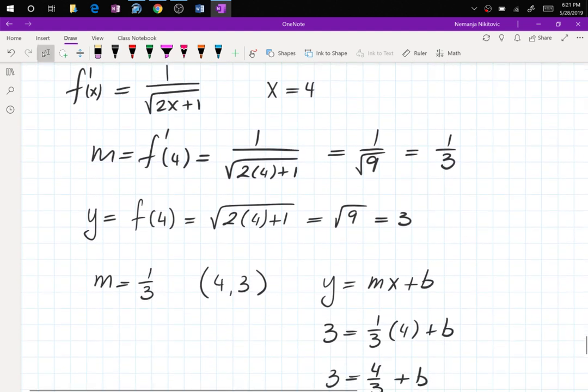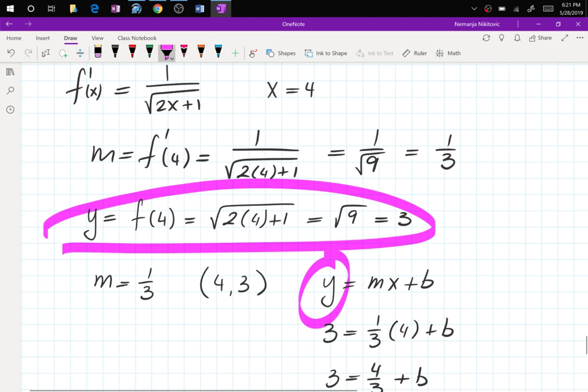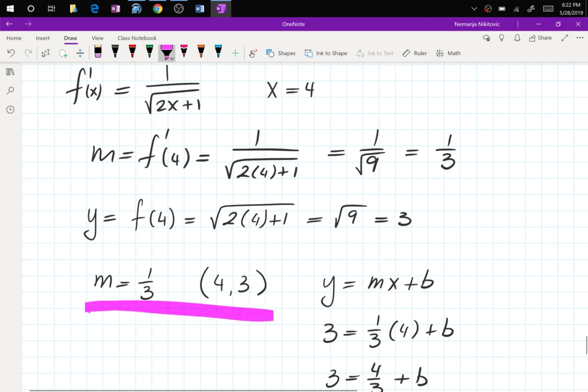And we also need a y value, because we need to plug into y equals mx plus b, so I have to calculate y as well, which is happening here. So y is f of 4. That's where we calculate the function value. So that's a standard pre-calculus calculation. That worked out to be 3. And finally, I have my standard algebra problem to find the equation of the line with the slope and the point given.